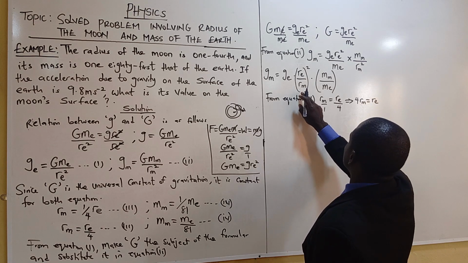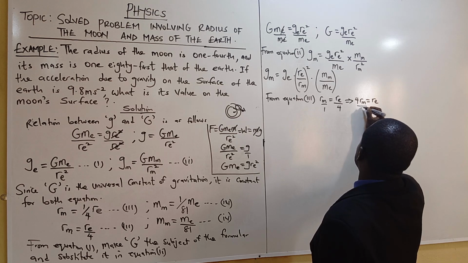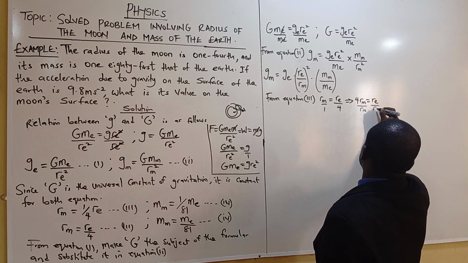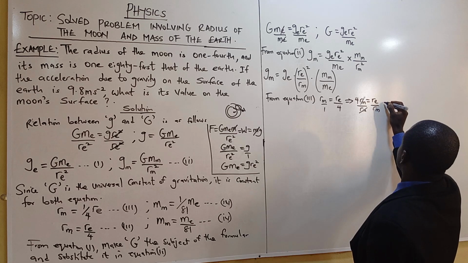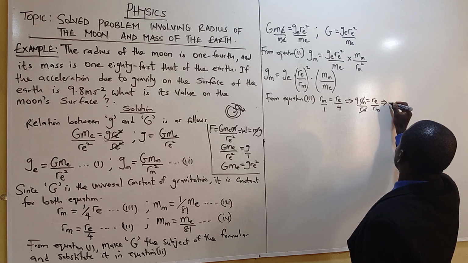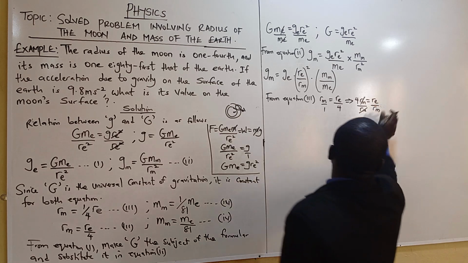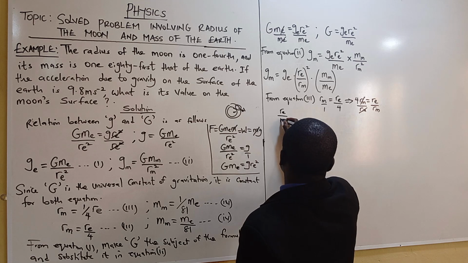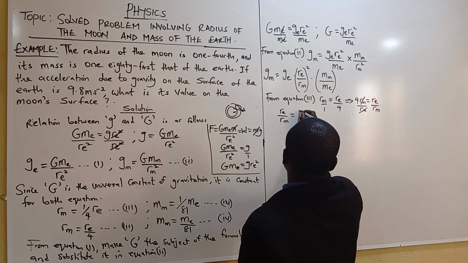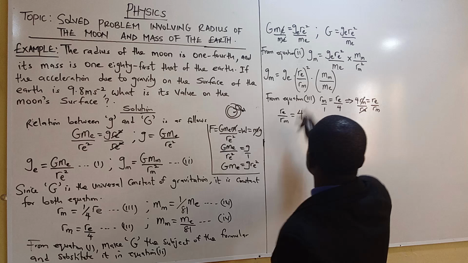Now we need R e over R m. Divide both sides by R m so that this will cancel out. You now have R e over R m equals 4. We have gotten that. You do a substitution here.